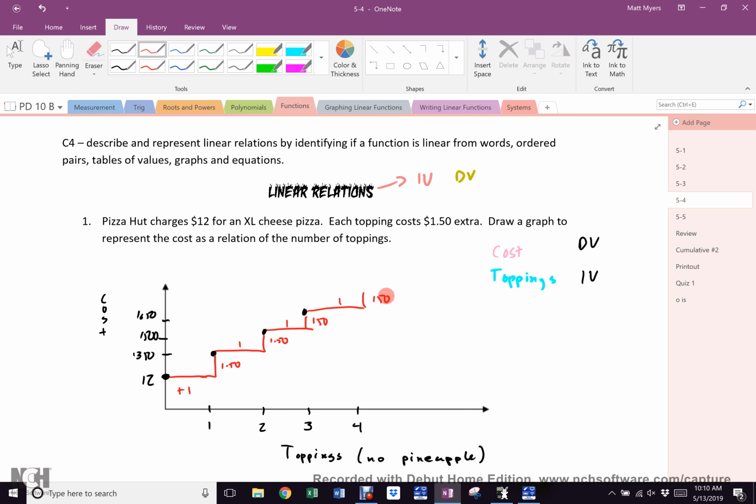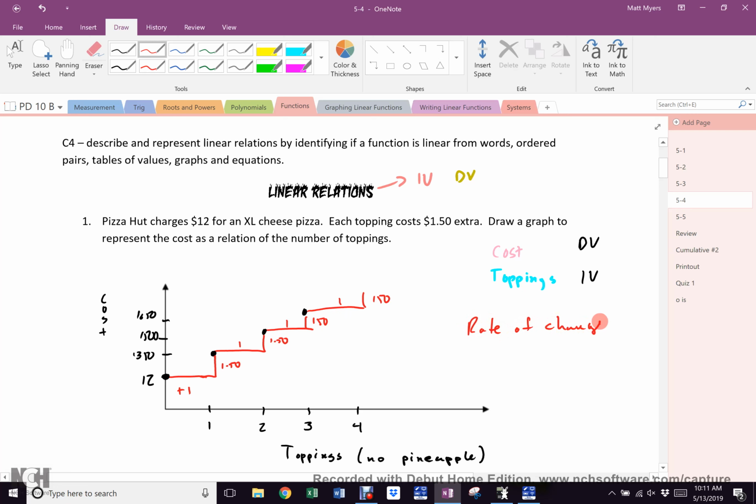But now let me ask you this. Is this discrete or continuous data? Discrete, because there are no outputs between 12 and 13.50 and no inputs between 0 and 1. But since it maintains a constant rate of change, what is our rate of change?